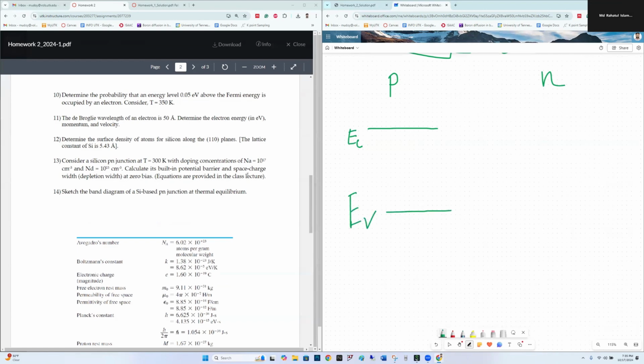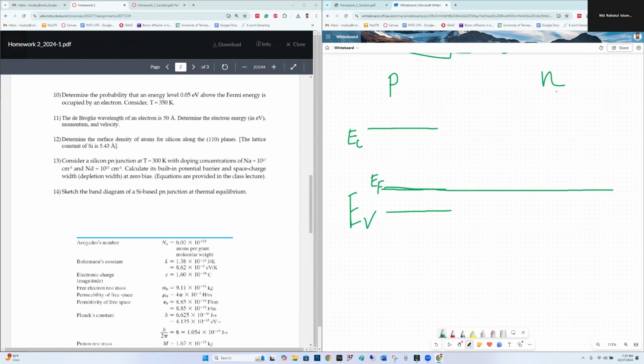In the p side, the Fermi level should be closer to the valence band, right? This is the Fermi level. How about the n side? After connecting the p and n junction, the Fermi level should be straight.